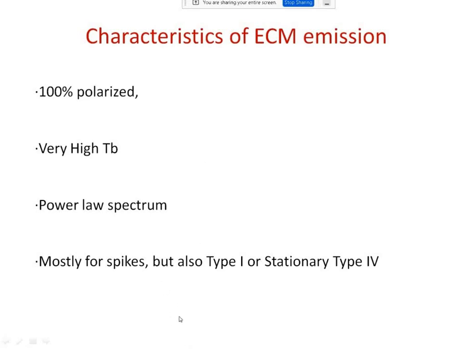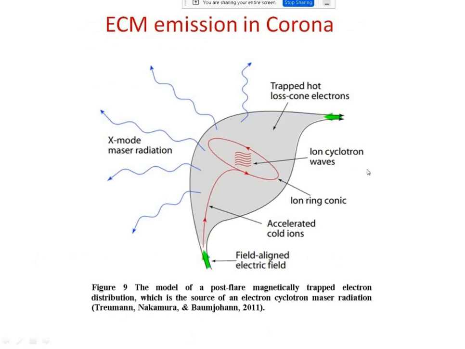For solar radiation, ECM is usually responsible for spike bursts, but there are also type 1 or stationary type 4 radio bursts which have been explained by ECM emission. And this is how ECM emission is generated in the solar corona. For example, here are the loss cones which are needed. There are hot energetic electrons trapped here, and here are the ion cyclotron waves, and this is how the X-mode maser emission is generated from the solar corona.